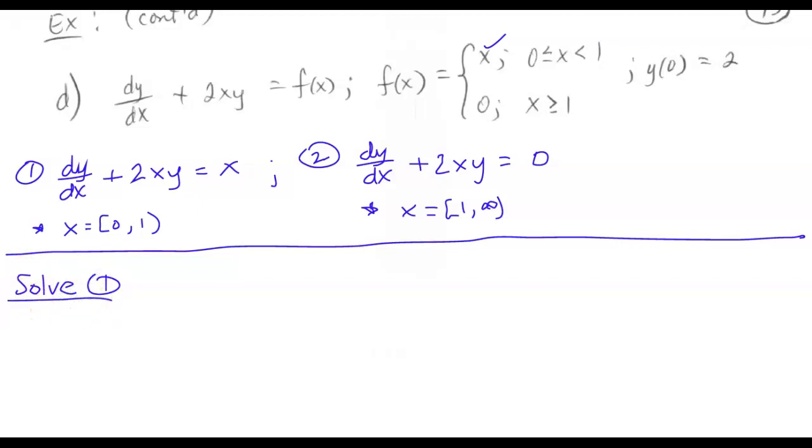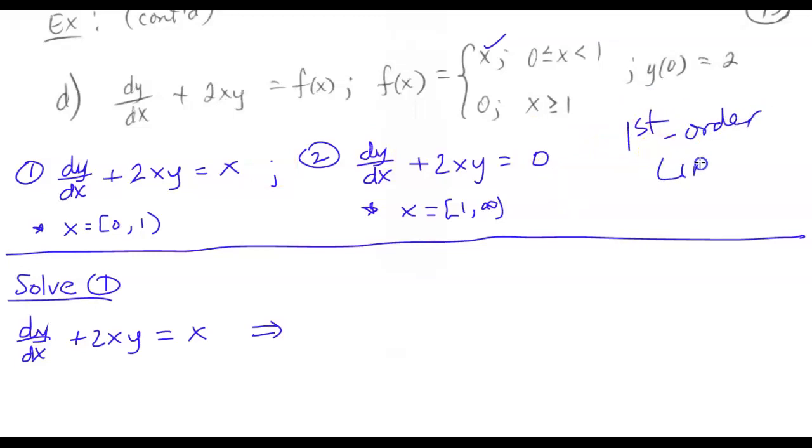equation 1 first. So if we do that, we have dy/dx + 2xy = x. And in this case, of course, we know that both of these are first order linear, so let me go ahead and write that here, first order linear. So here our p in this case will be 2x, and our r is just going to be x.